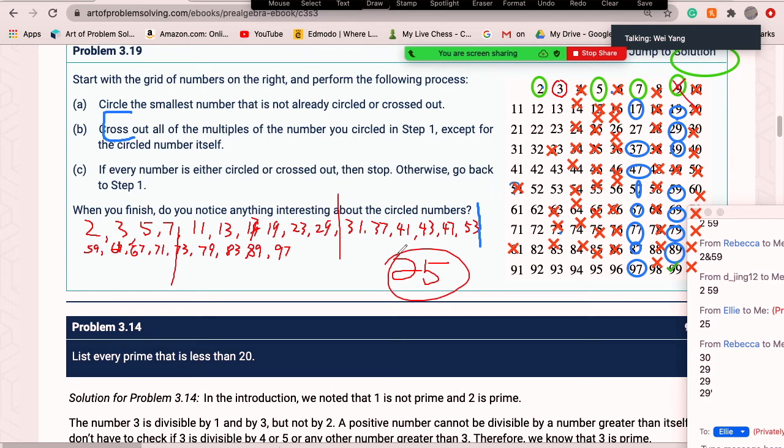Then, let me ask you a question, okay? Do you think, if we did not limit to 100, if we keep trying to find larger and larger prime numbers, now you see the distance between the prime numbers will become larger and larger, right?